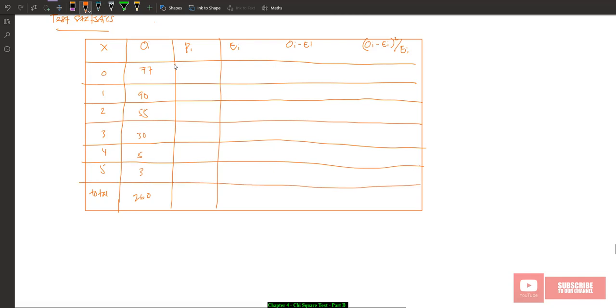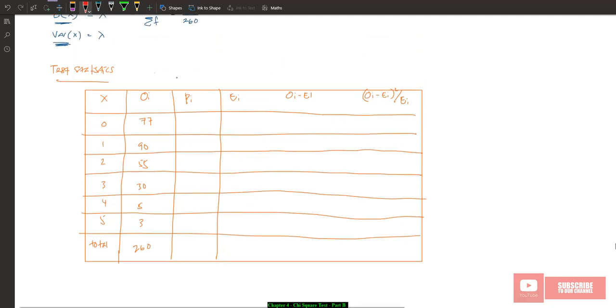Now to calculate the probability value, we already know lambda is equal to 1.25. So the probability of x equal to 0 is exponential of negative 1.25 times 1.25 to the power of x equal to 0, divided by 0 factorial.